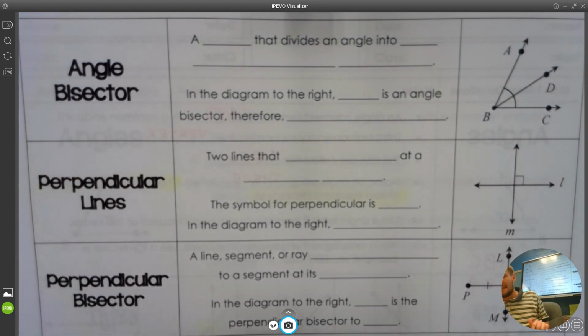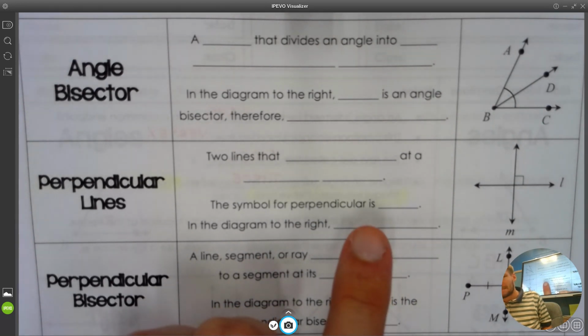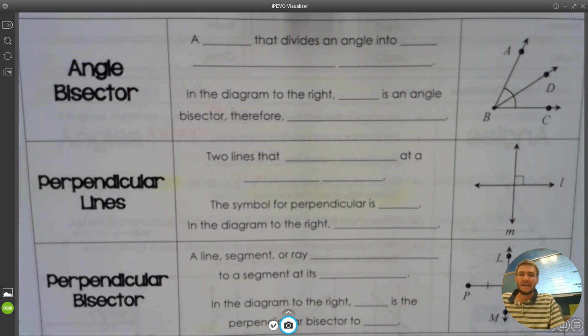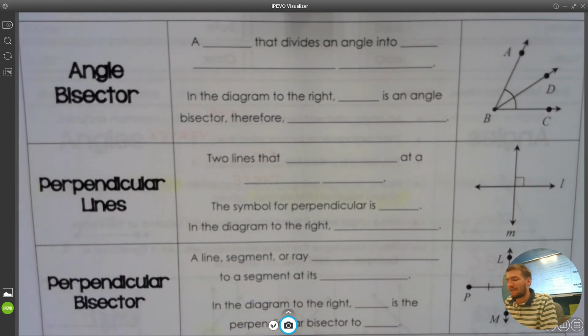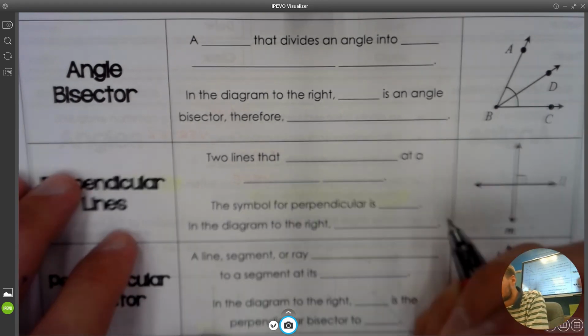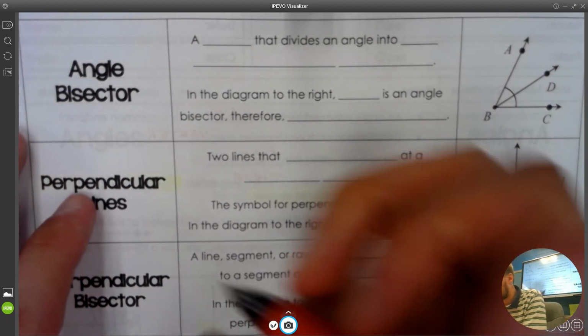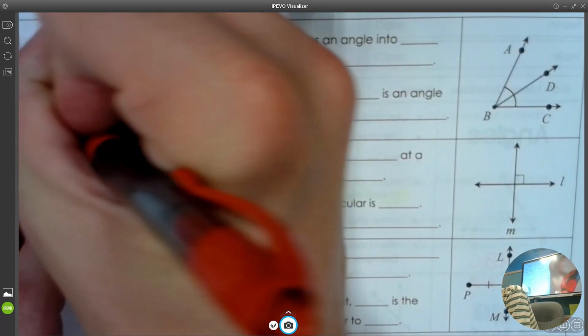Okay? So we're talking about an angle bisector, and the good news is bisector is one of our favorite words that we talked about all last unit. Remember, bisect means cut in half.